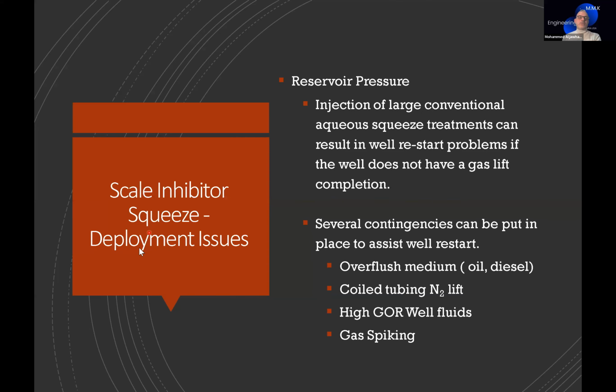So, the scale inhibitor deployment issue at the reservoir pressure. Injecting any inhibitor may cause less reservoir pressure. Large amounts of inhibitor will be inside the wellbore or the reservoir, causing less permeability, less porosity, and more problems for the rock parameters.